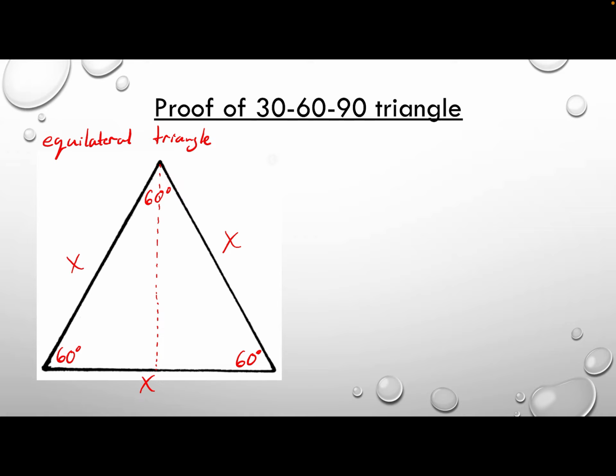We're going to draw a vertical line from one of the vertices of this triangle, straight down, creating a right angle there and also bisecting this angle. So this smaller angle is now 30 degrees because half of 60 degrees is 30 degrees.